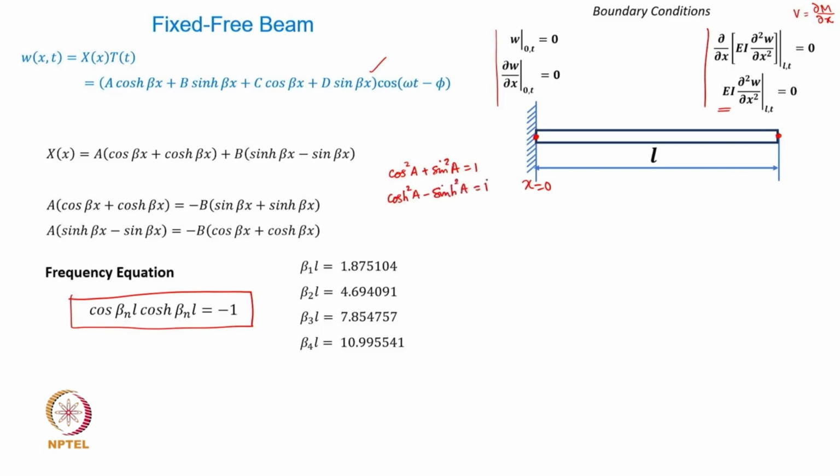So if we use these identities in the solution process, the frequency equation that you will arrive at is going to be this: cos(beta n L) cosh(beta n L) equal to minus 1, where beta n is going to be the constant associated with the nth mode solution, because we are now assuming a free vibration response. Individual modes are going to generate a specific beta value, and that is the beta n value.